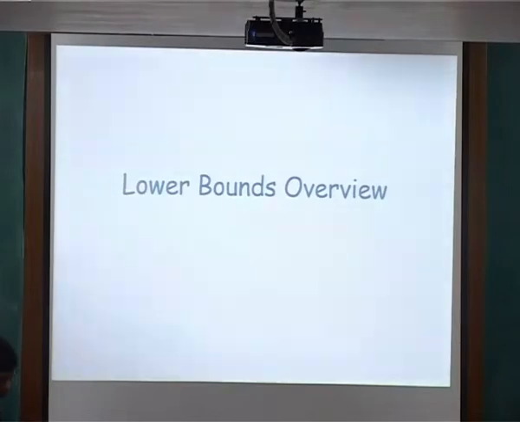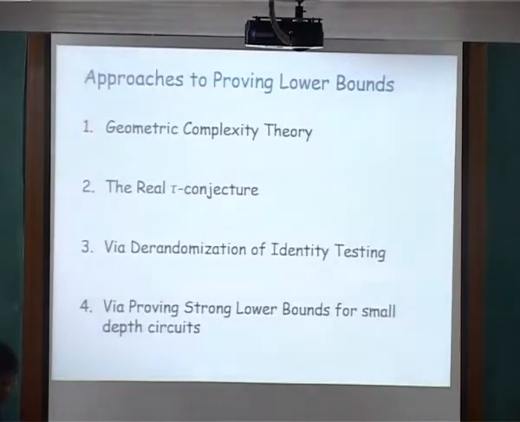Really this should have been approaches to proving lower bounds. I'll just tell you very quickly about these four approaches that have been investigated in recent years towards proving lower bounds.